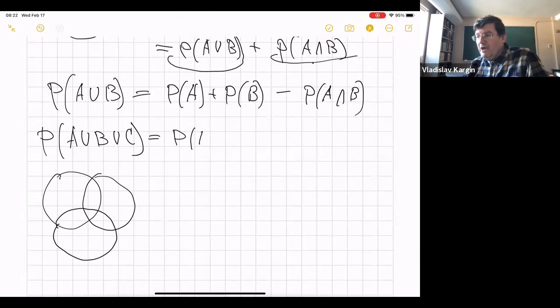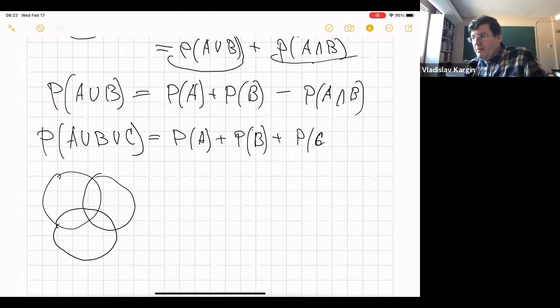I'll count everything in A plus everything in B plus everything in C. That means I'll take the probability of every outcome in A, every outcome in B, and every outcome in C, and add them together.